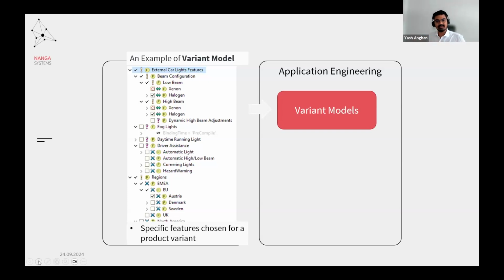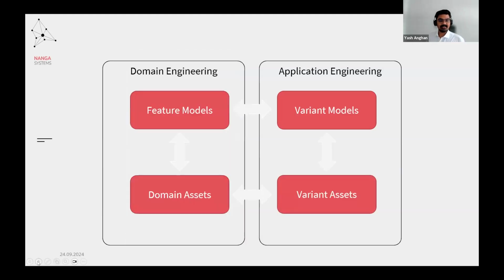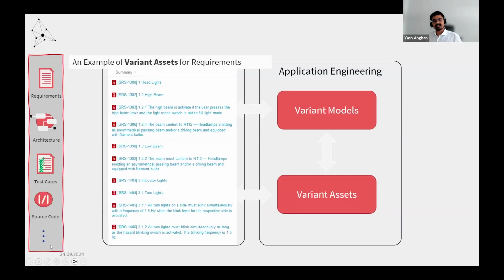We can also create the variant model on the pure::variants side. And the last step is when we actually derive the variant specific asset, right? So in pure::variants, we trigger a transformation. We first configure a variant, and then we trigger the transformation, which enables another working set in Codebeamer.